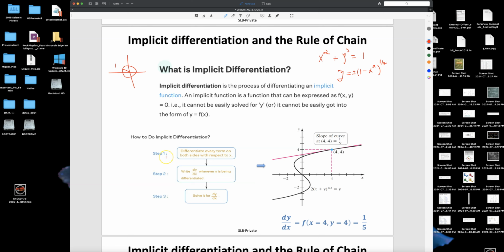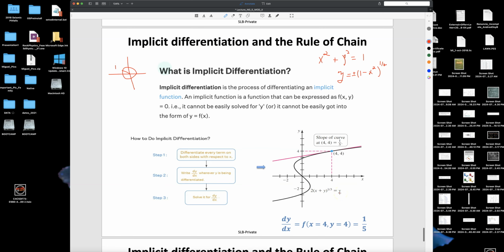Well, they say, step 1, differentiate every term on both sides with respect to the independent variable. So, in other words, if you have an expression like this, take the derivative with respect to the independent variable, that in this case is going to be x, to both sides of the expression. Okay? Whenever you find y, you're going to write down the derivative of y with respect to x, which is this one.